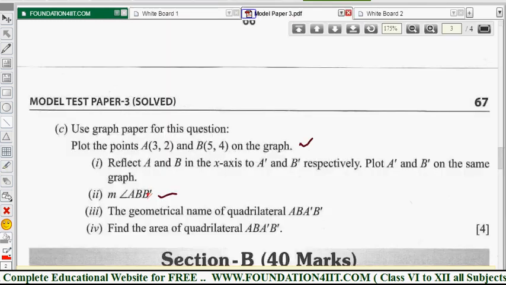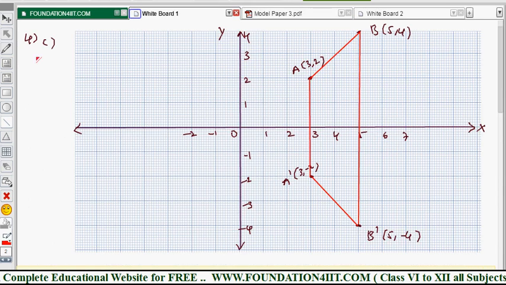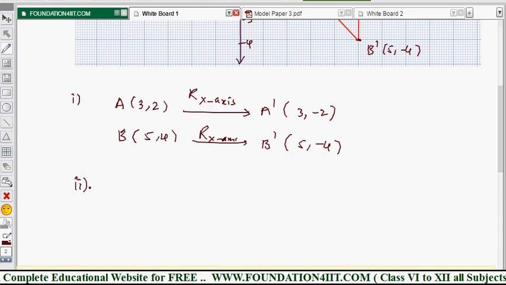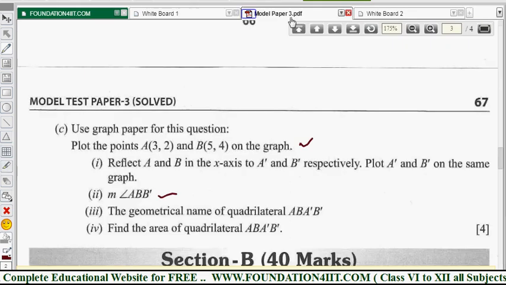After joining, if you observe angle ABB dash, this perpendicular line makes 90 degrees, and the angle is exactly half of it. So from the diagram, angle ABB dash is equal to 45 degrees.